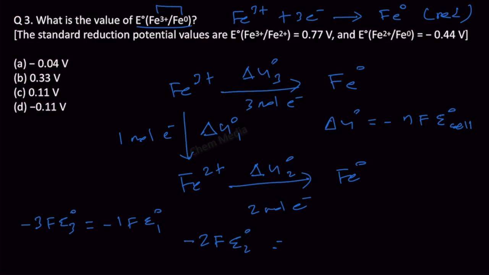E1 standard is given as 0.77 volt and E2 standard is given as minus 0.44 volt. So this minus and this minus would become plus. Therefore minus 3 times Faraday constant times E naught 3 is equal to minus 0.77 volt times Faraday constant plus 0.88 volt times Faraday constant.